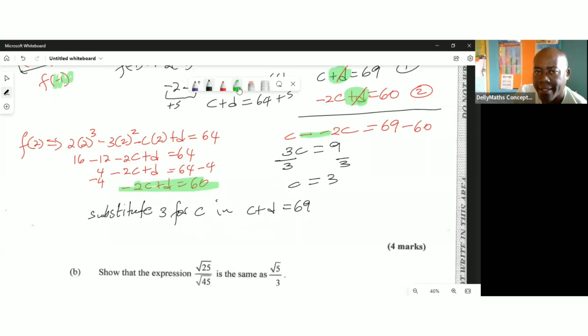Remember now, if my c is equal to 3, then I'm going to substitute right there. So 3 plus d is equal to 69. If I subtract 3 from both sides, d is equal to 66. So we could just write that, c is equal to 3, d is equal to 66.